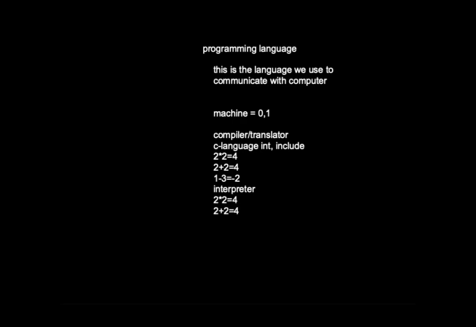So we see that it's doing it step by step, stage by stage. That's the difference between compiler and interpreter. Interpreter does not take the whole code and translate all of it at once. It doesn't work like that. Interpreter does them one by one.